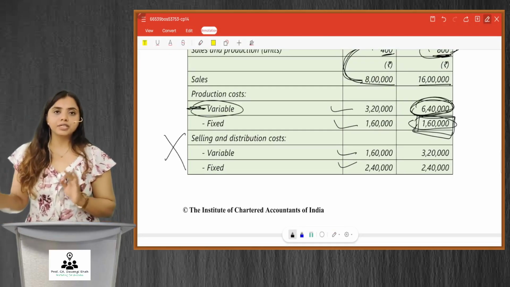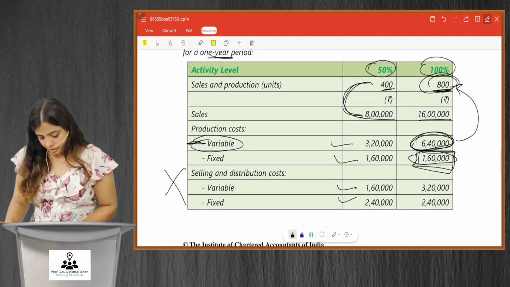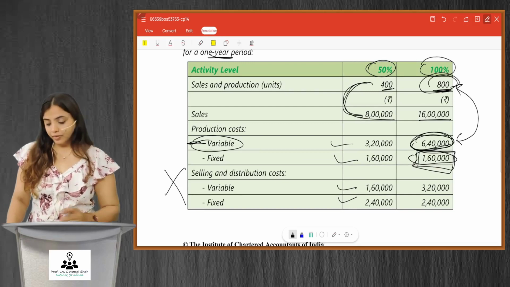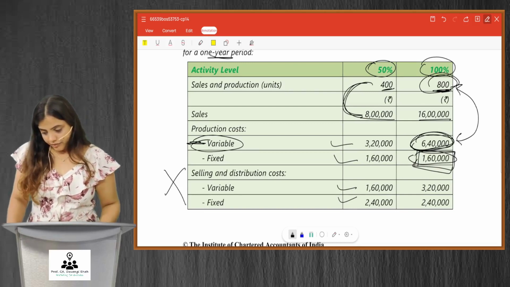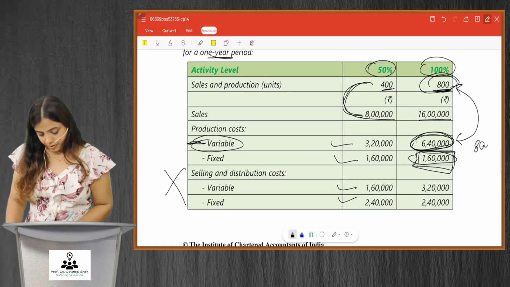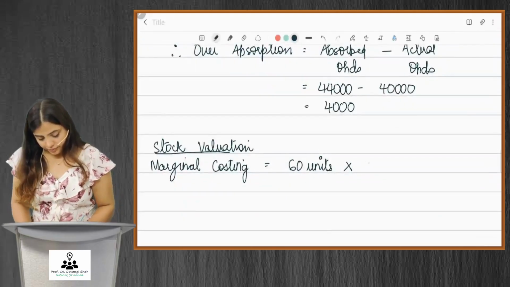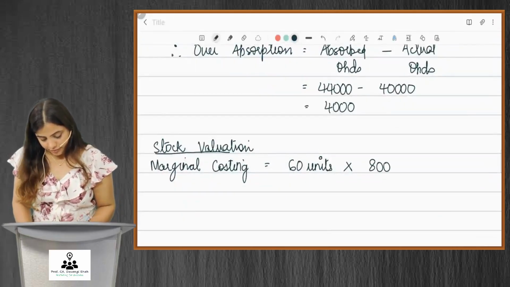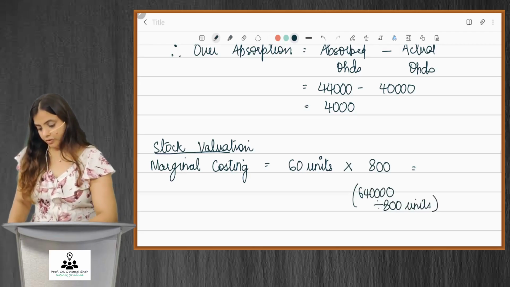Right, 6,40,000, but this cost is for 800 units. So per unit it would be how much? 6,40,000 divided by 800. Friends, you get 800 per unit, right? So 6 lakhs 40 divided by 800 units, into 60.